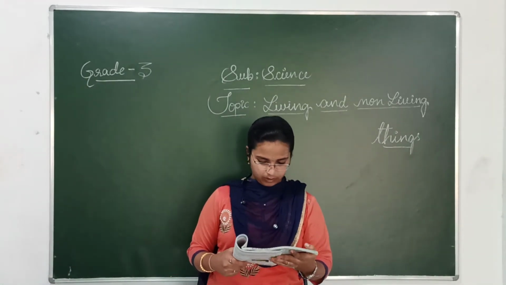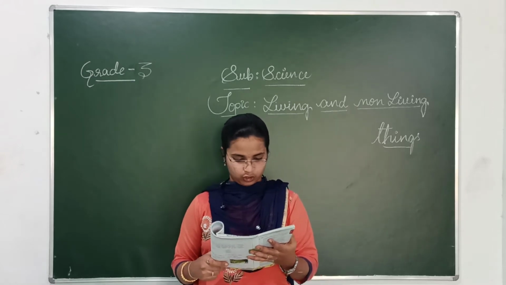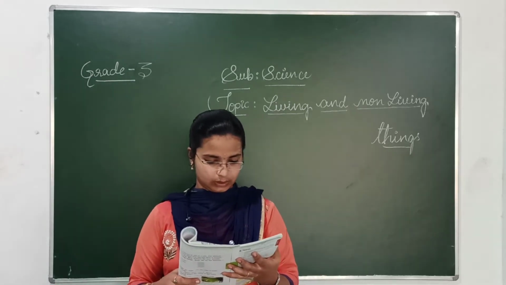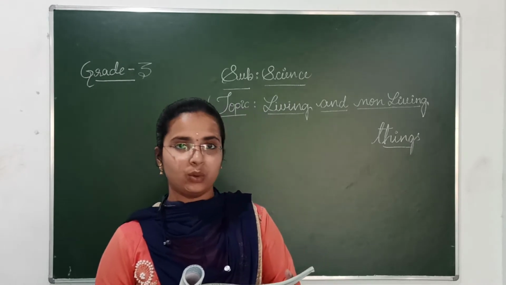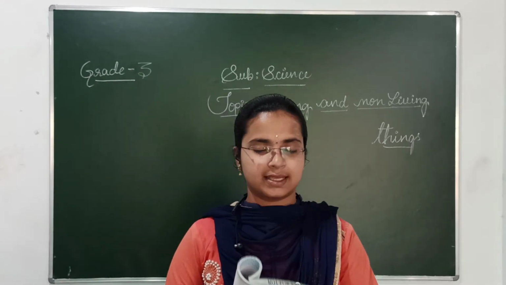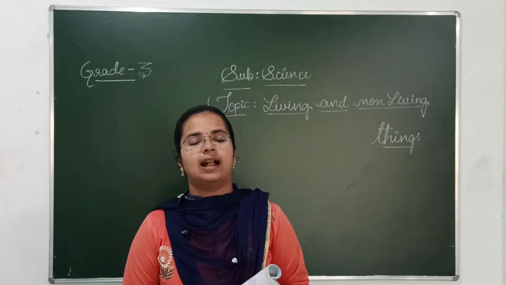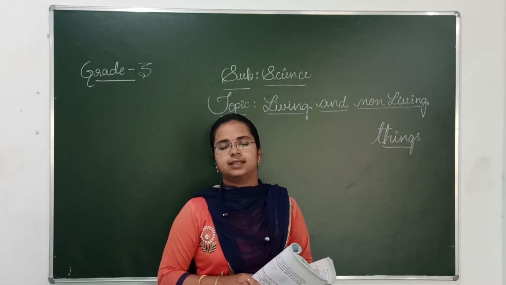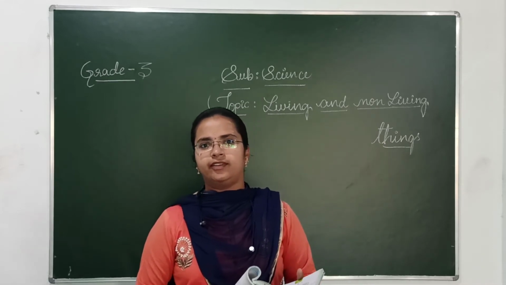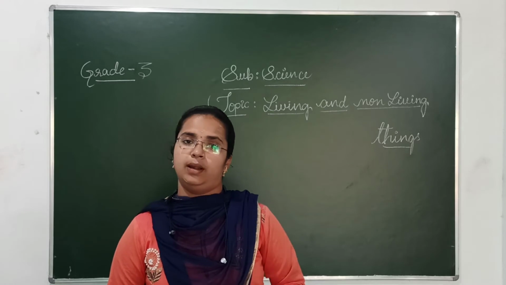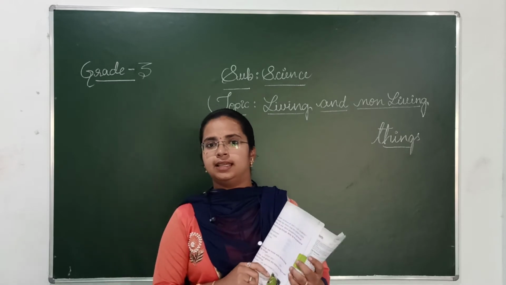What they have given in your first question to answer is: give any one difference between living and non-living things. Can you give any difference? But how can we give a difference?